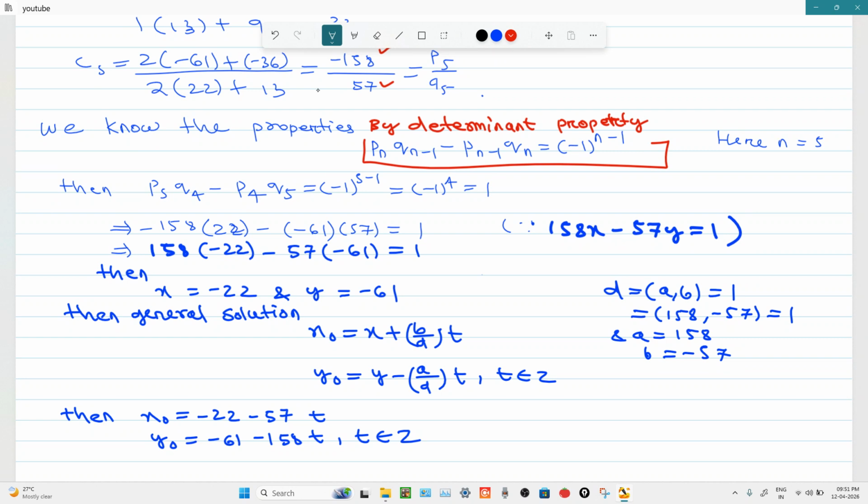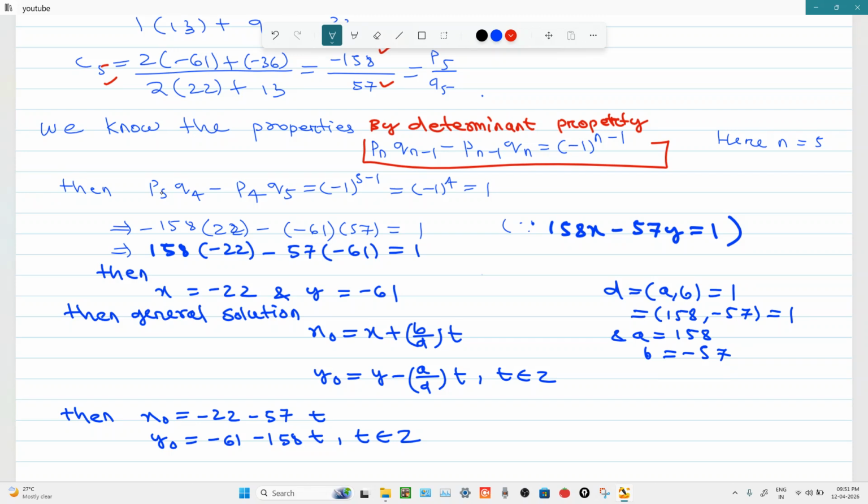Here n is 5, then P5 Q4 minus P4 Q5 equals minus 1 to the power 5, which is minus 1.